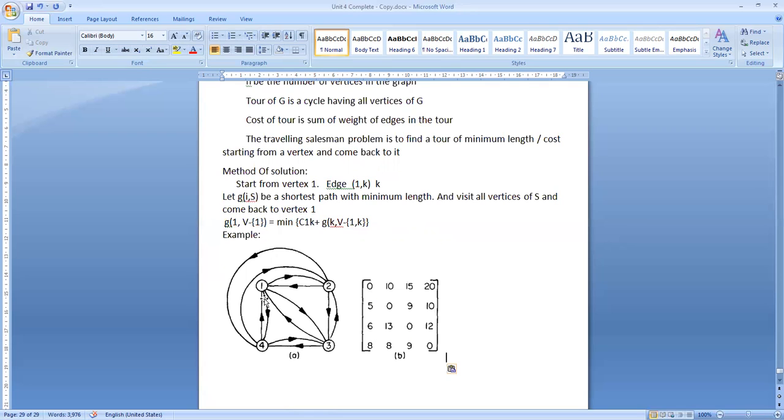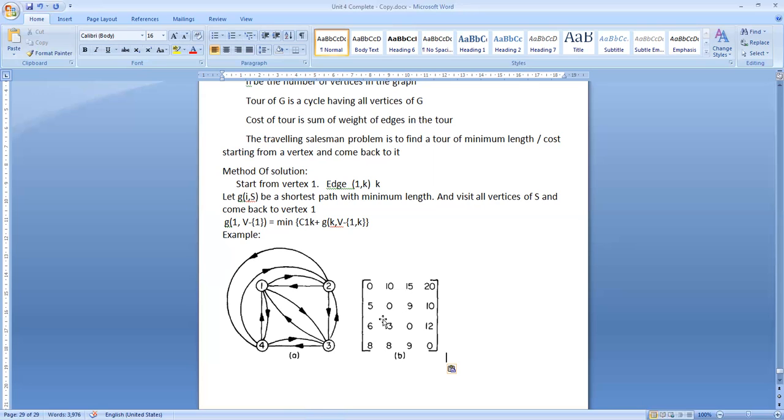I could start from vertex 1, visit 2, 3, 4 and come back to vertex 1. Or I could start from vertex 3, visit the remaining vertices 4, 1, 2, and come back to vertex 3. Or I could start from vertex 2, visit the remaining vertices only once and come back. That is my problem. Wherever I am starting, find the minimum cost tour.